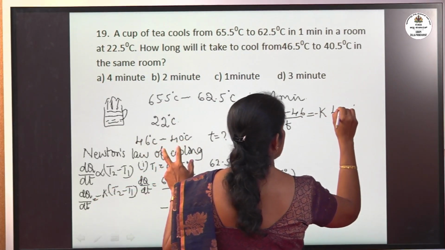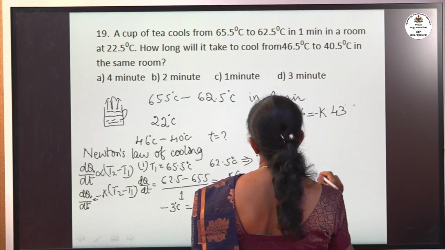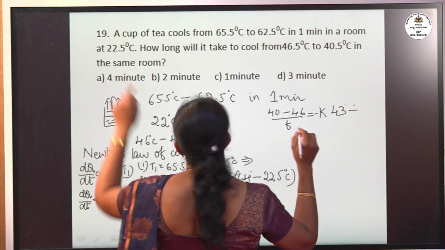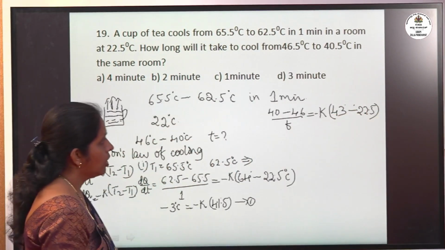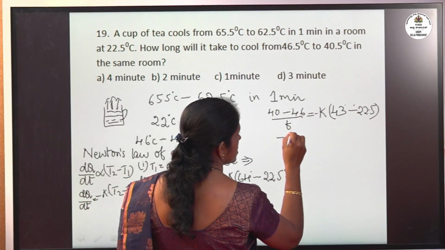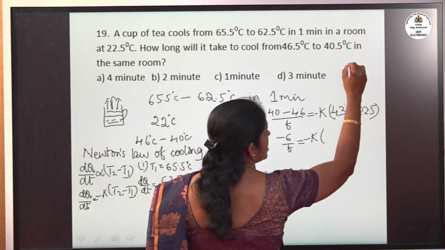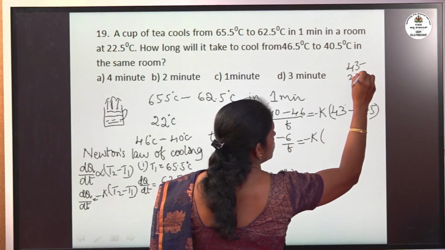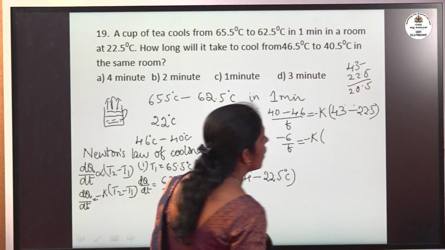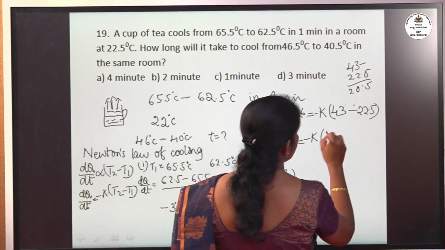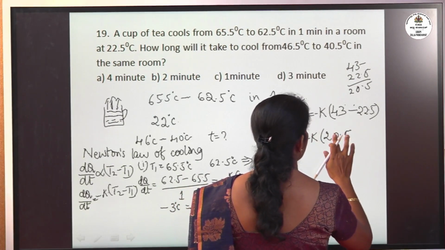Temperature of the system is the average temperature, that is (46 plus 40) divided by 2, which is equal to 43, minus the temperature of the surrounding, 22.5. 46 minus 40, this is minus 6 by t, equal to minus k into (43 minus 22.5), which is 20.5.